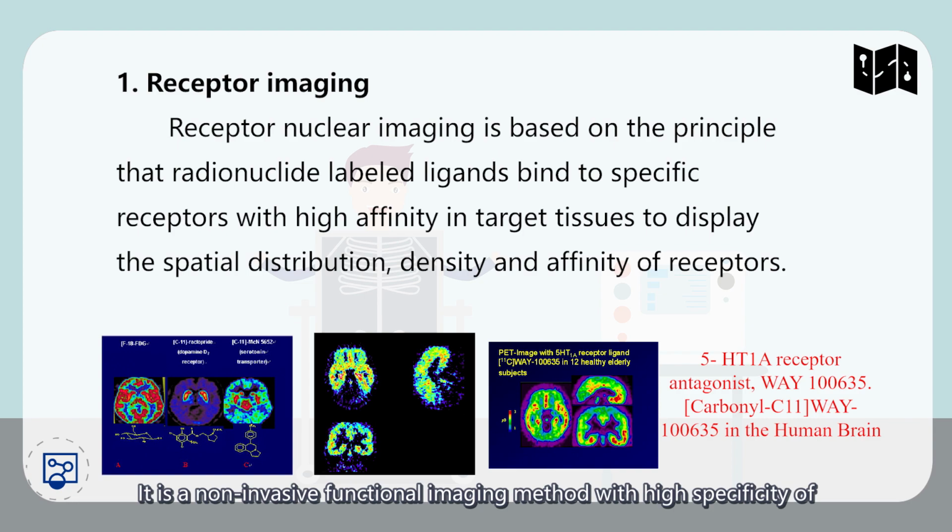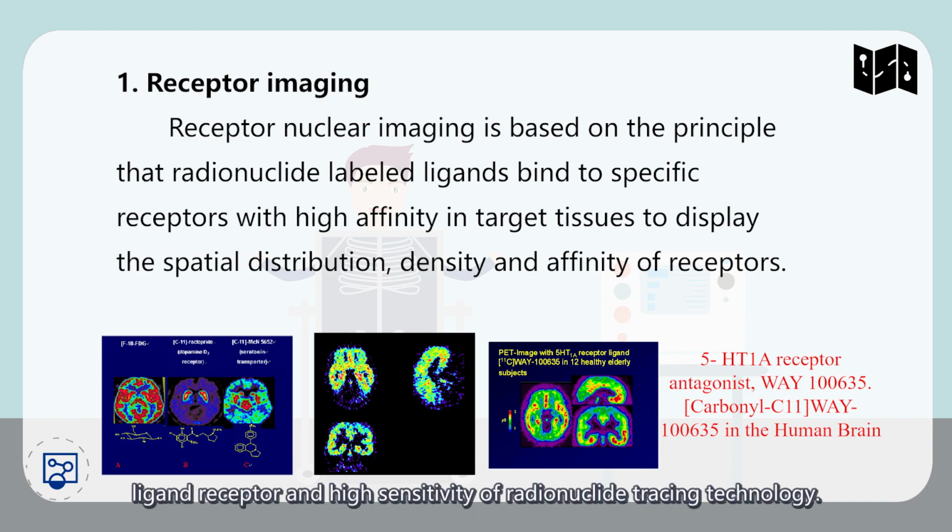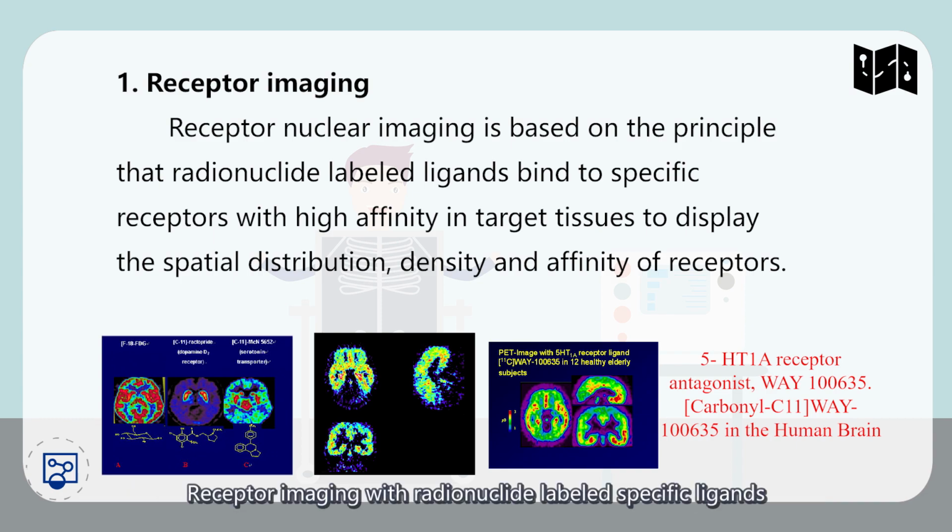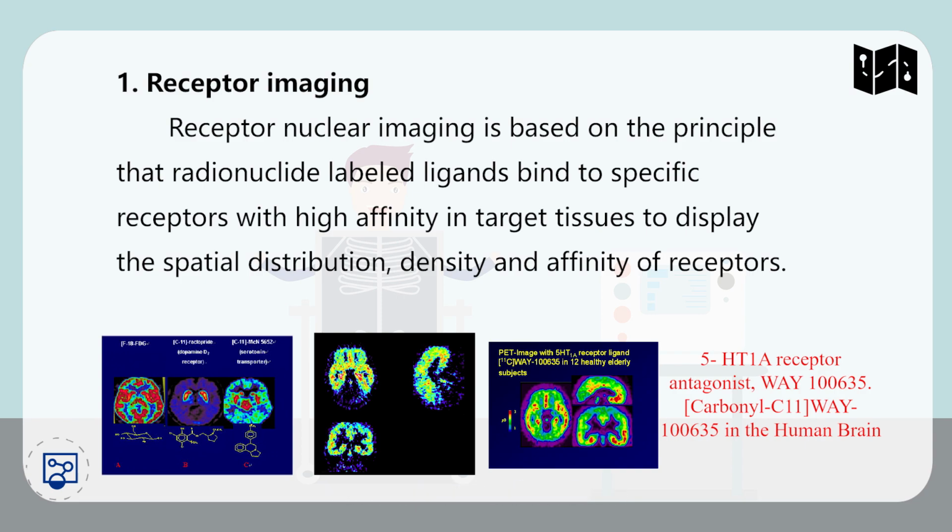It is a non-invasive functional imaging method with the high specificity of ligand receptors and the high sensitivity of radionuclide tracing technology. Receptor imaging with radionuclide-labeled specific ligands opens up a quantitative window to objectively understand disease and provides an accurate and quantitative evaluation index for observing the process of biological information transmission between cells in the living body.